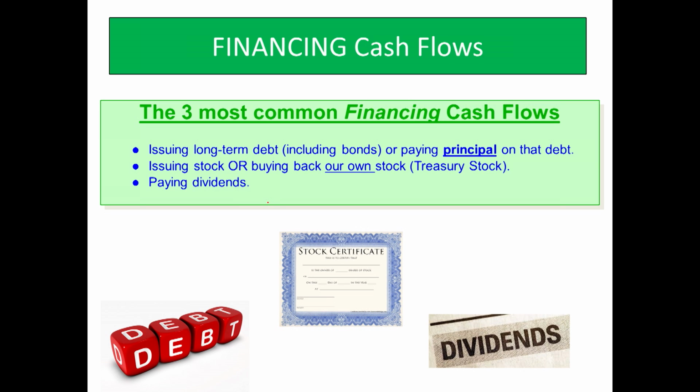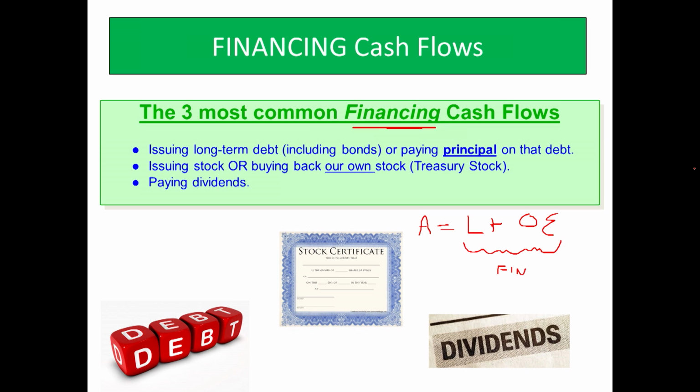And the third most common financing activity is paying dividends, which we also learned about in chapter 13. Now, kind of the rule of thumb here is if we go back to this accounting equation, assets equals liabilities plus owner's equity, the three most common financing activities have to do with long-term items on the right side of the accounting equation, okay? Are you with me? Okay.